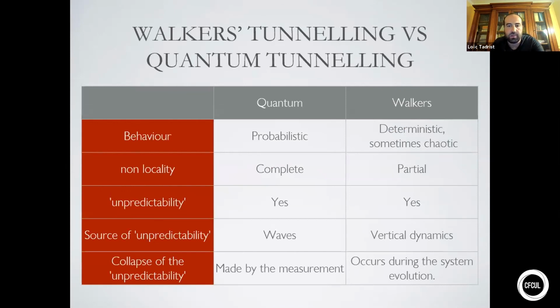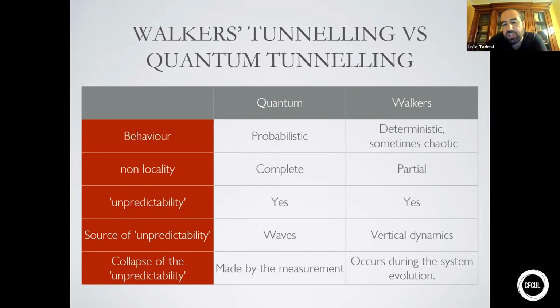So what's the difference between walker tunneling and quantum tunneling? First is the behavior. In quantum, it's a probabilistic behavior, whereas for walkers it's deterministic, but sometimes chaotic. The non-locality for a quantum particle is complete. It's completely non-local, whereas for a walker it's partially non-local, meaning that there is some extent to the waves around the walker.